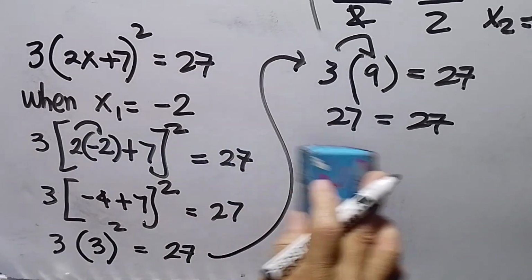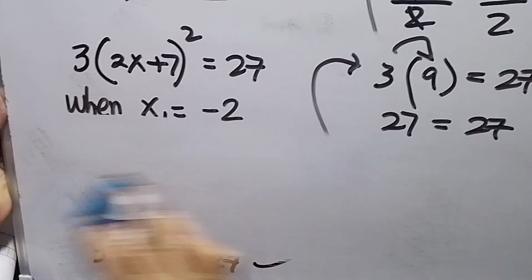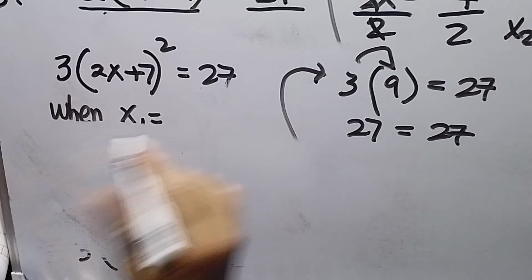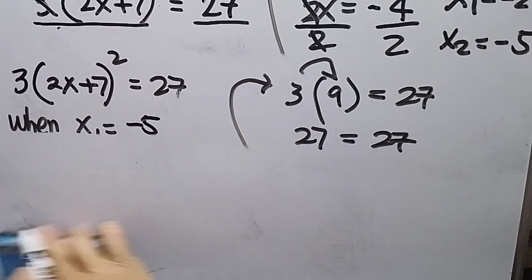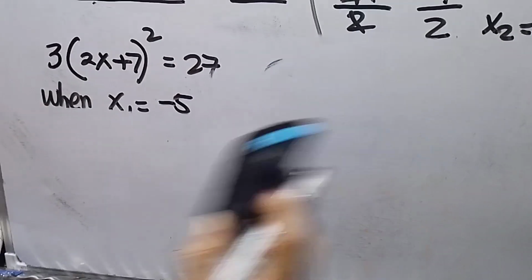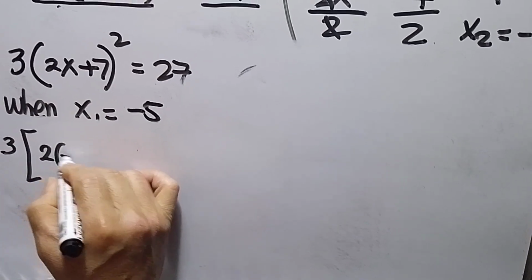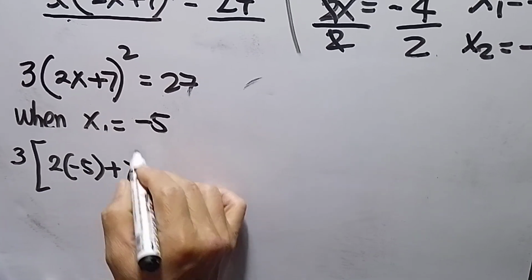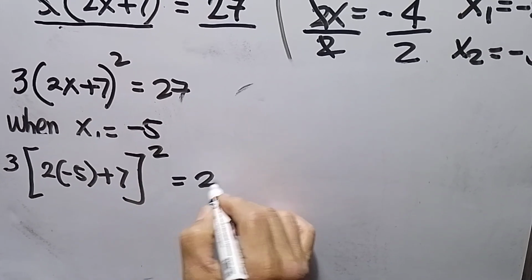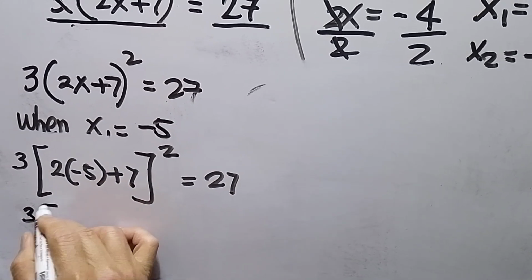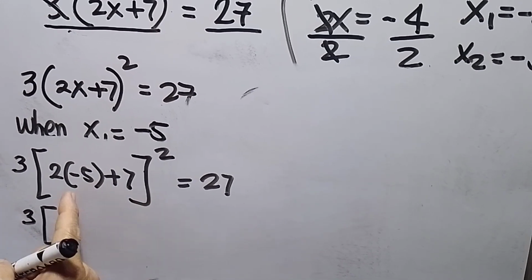Now let's go to the second root. The second root is negative 5. Okay, 3 square brackets, 2 times negative 5 plus 7 squared is equal to 27. So 3 simplifies inside the square bracket.